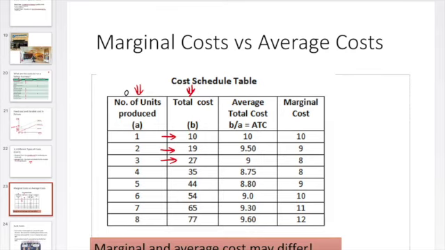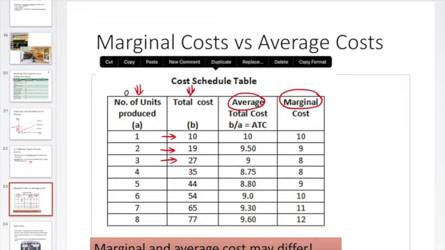And then you want to calculate what is the average cost, what is the marginal cost. Average cost is the total cost divided by the number of units produced. So that's going to be column B divided by column A, right?